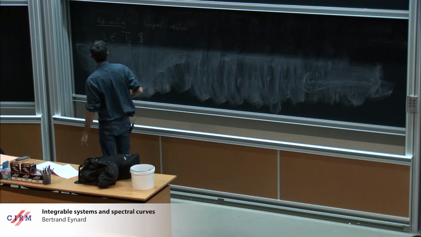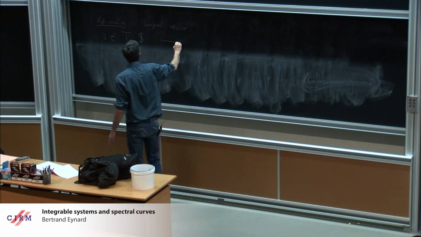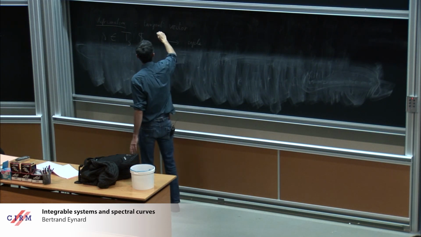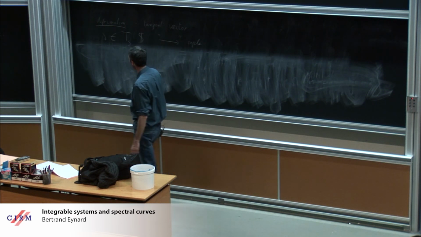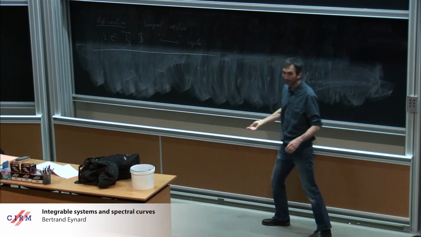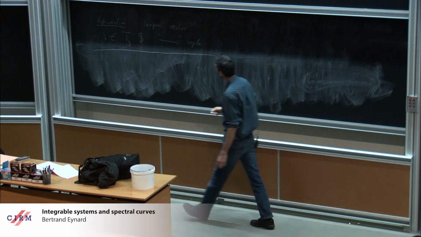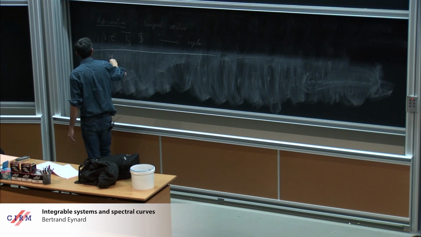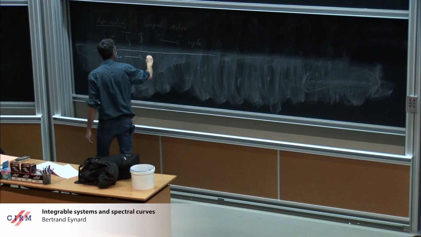And I said you can somehow associate a cycle to it. But in fact, we shall do the converse. So instead of mapping the tangent space to the space of cycles, let me do the opposite and map the space of cycles to the tangent space.